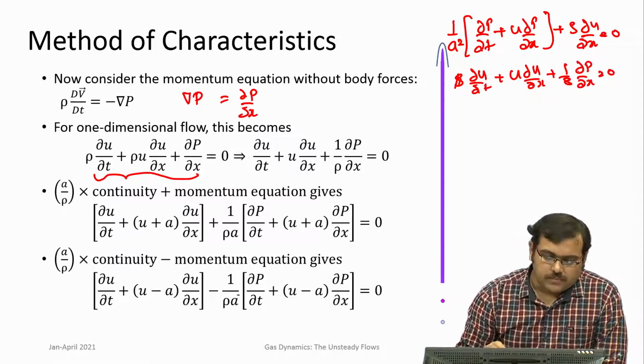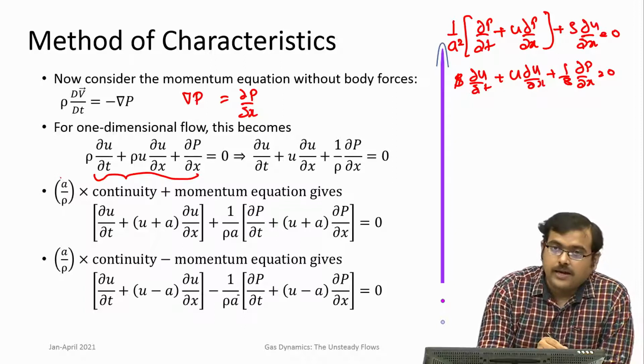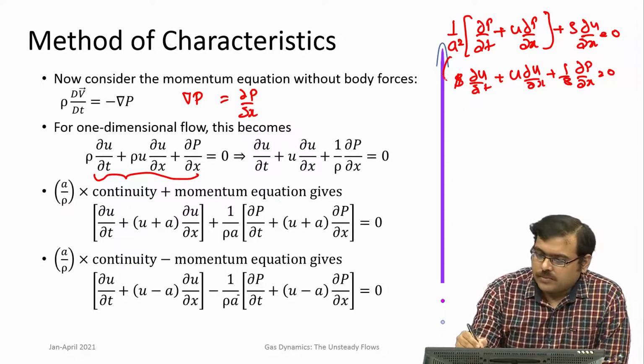Now we do this operation: we multiply the continuity equation by a by rho, that is the speed of sound by density, and add the momentum equation to it.